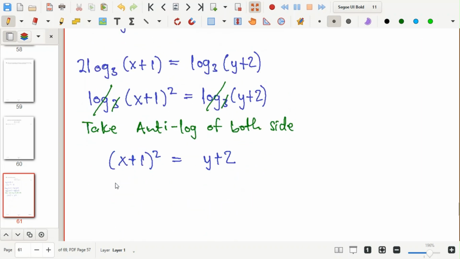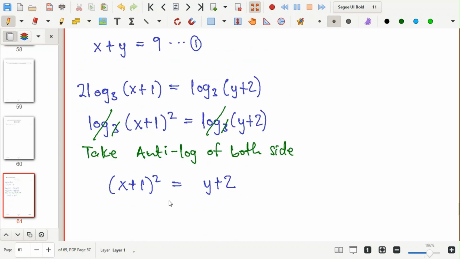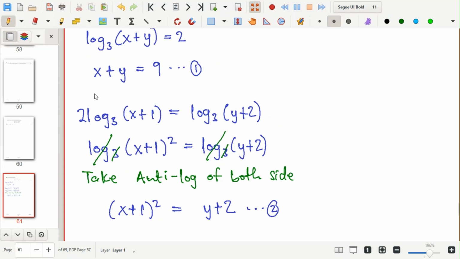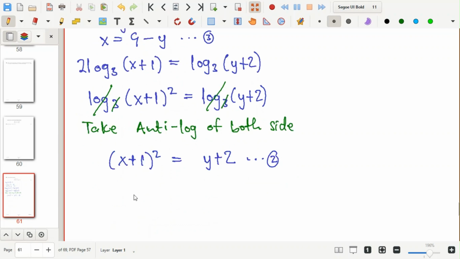Okay. So let me call this equation 2. Can I say that x is equal to 9 minus y? Let me call this equation 3. Okay.